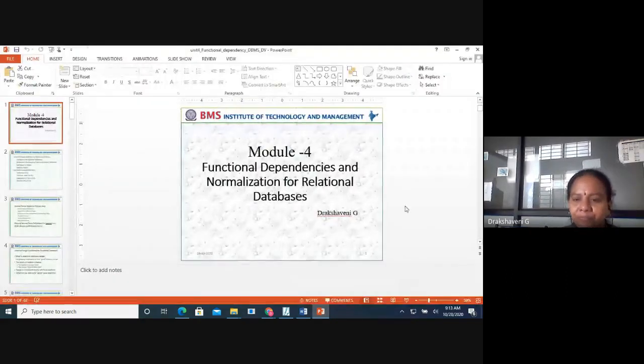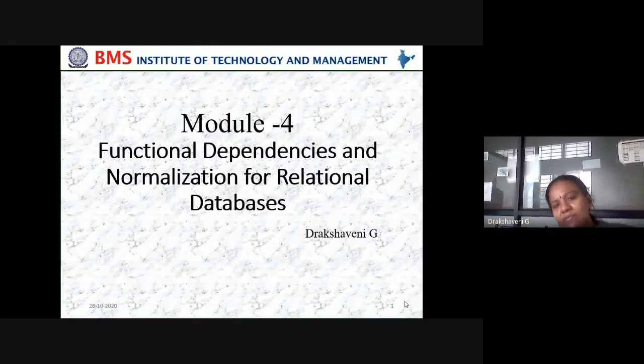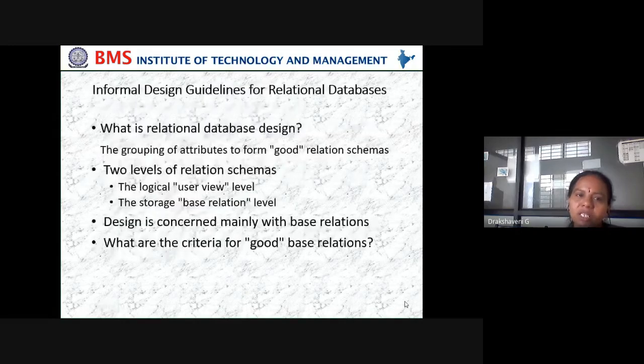Okay. So in this class, in the fourth module, we have started with functional dependency and normalization for the relational database. Then we have seen informal design guidelines for relational database. What is relational database design? The grouping of attributes to form good relation schema.